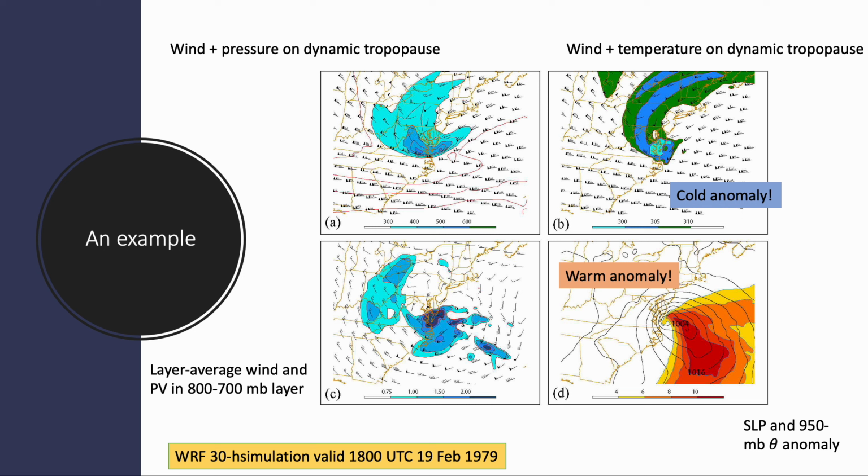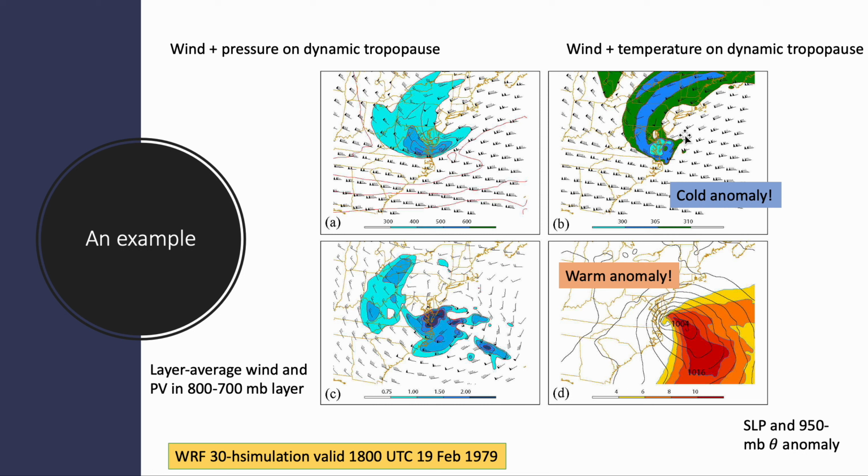And this is a famous cyclone. This is the President's Day cyclone of 1979. This is a simulation that was done with WRF, the Weather Research and Forecasting Model, for February 1979. This panel over here shows wind and pressure on the dynamic tropopause. Notice that there's this cyclonic motion over here.